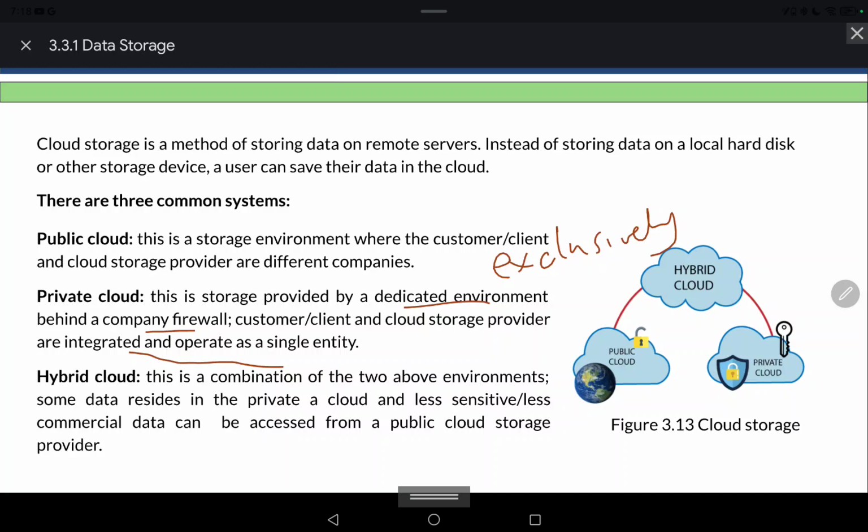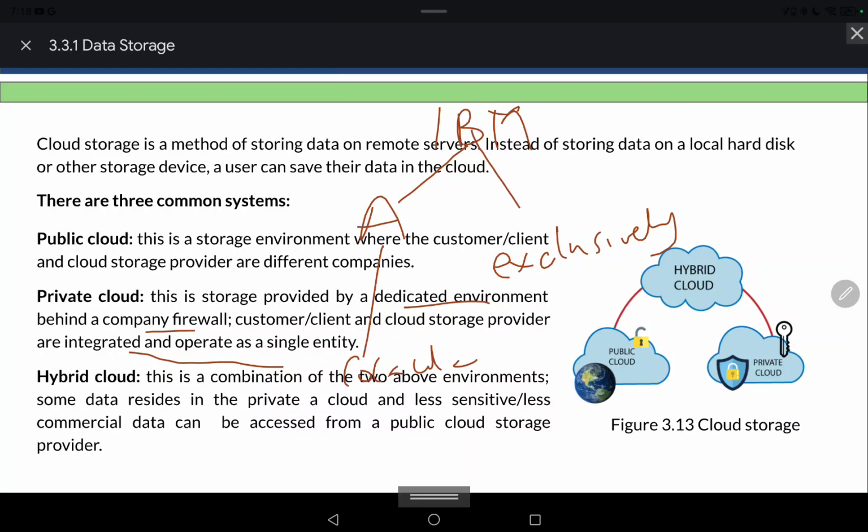Now, let me give you a picture example. Imagine companies like IBM. So this company would provide a private storage that can be controlled and managed by the organization they are providing the storage for. So, for example, IBM can provide storage A for a specific company, let's say Coca-Cola.